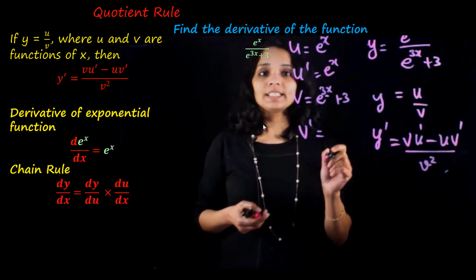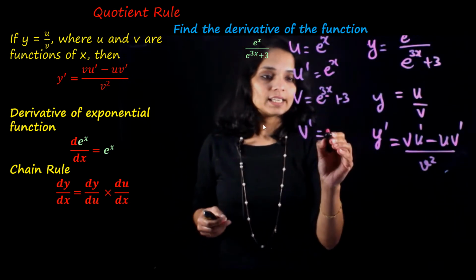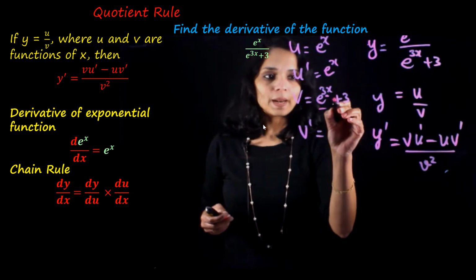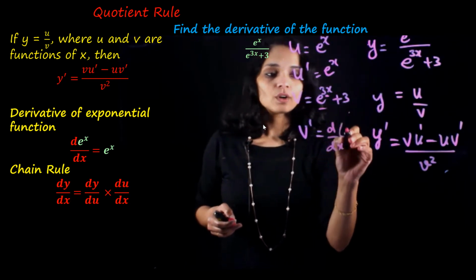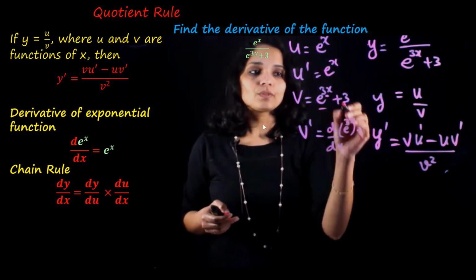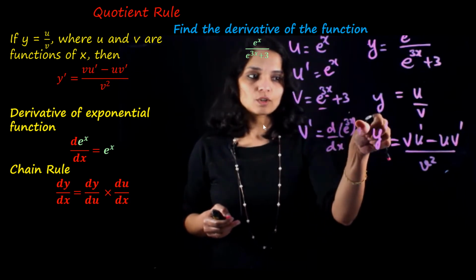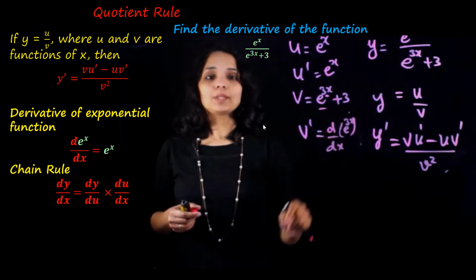Now let's find the derivative of v. The derivative of v is the derivative of the first term plus the derivative of the second term. So it's d on dx of e to the power 3x plus the derivative of 3, which is 0 because it's a constant. So that's basically the derivative of e to the power 3x.